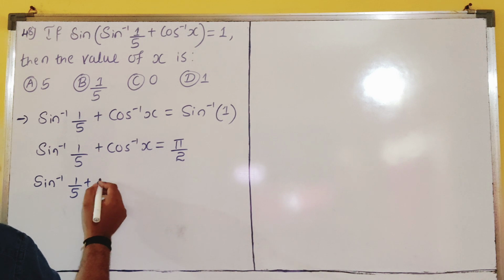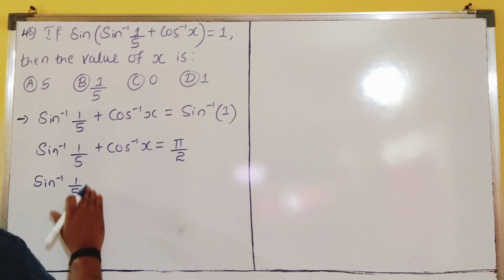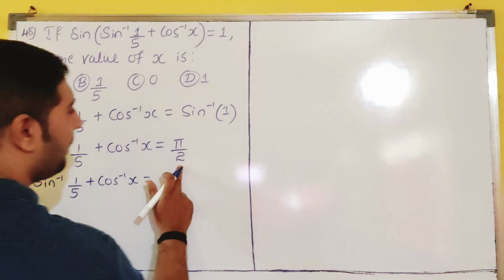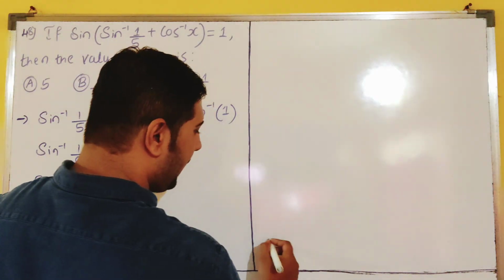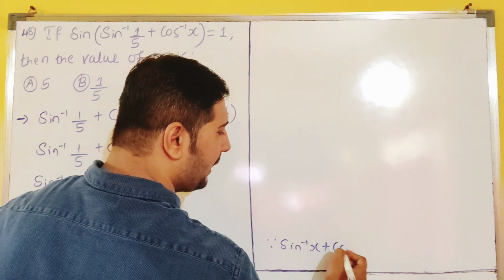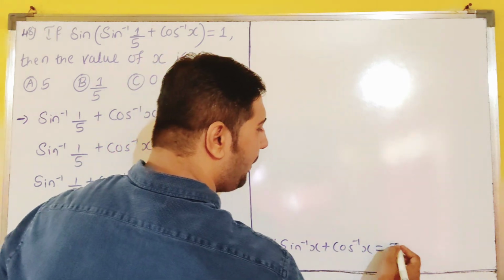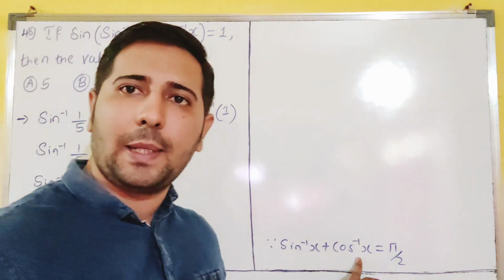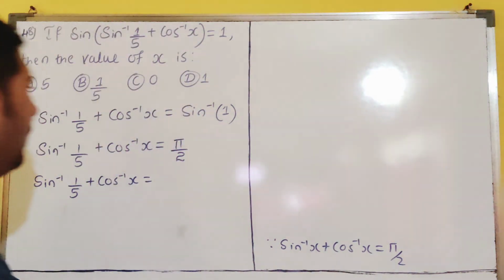Cos inverse x is equal to pi by 2 means, dear students, sine inverse x plus cos inverse x is nothing but what? Pi by 2, property. Sine inverse x plus cos inverse x is pi by 2.